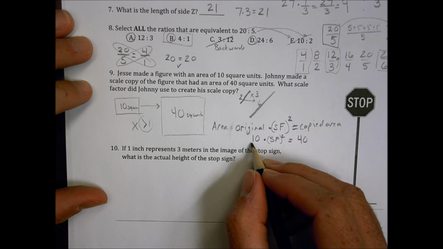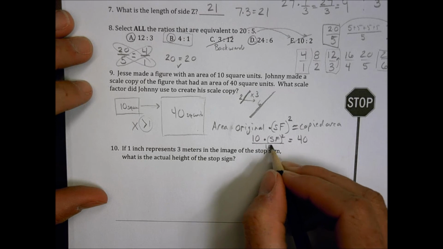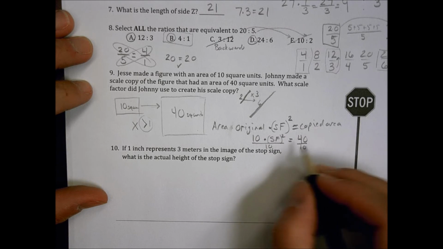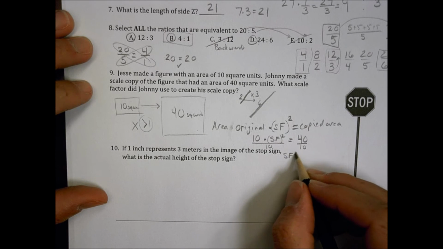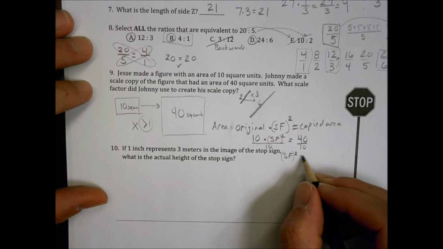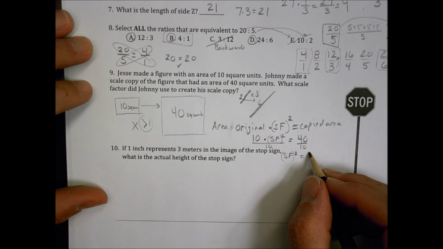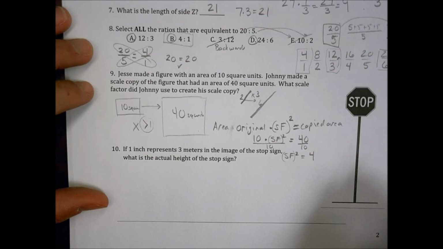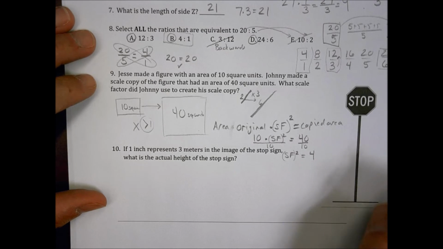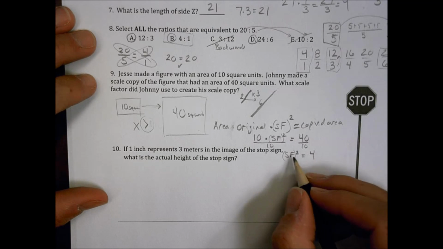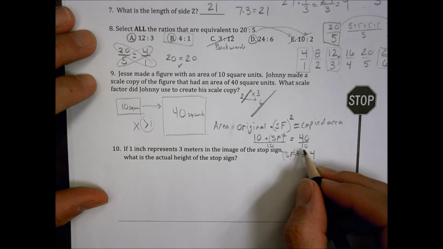But for now, let's get the scale factor by itself. To do that, I divide both sides by 10. And so I have scale factor squared on one side, equal to 40 divided by 10, which is 4. And this is where you have to use a little bit of mental math. It's probably the easiest way for now to think about what two numbers you can multiply together to end up with 4.